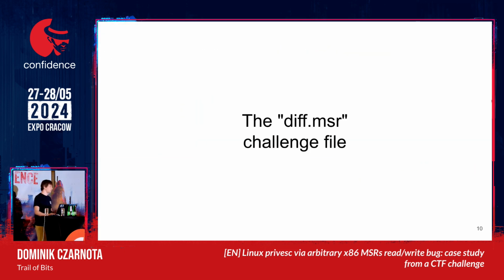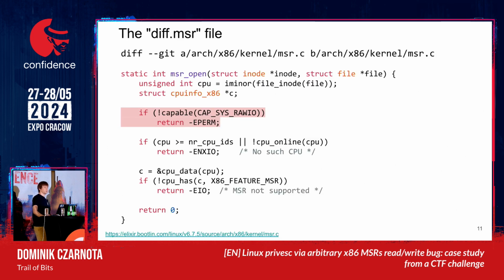In these files that we received, there is this diff MSR file. This diff MSR file contains the following diff, like a git diff. In this git diff, there is this MSR open function from the Linux kernel source code. And the thing that they did is they removed this line here, which is checking for a Linux capability, which is called CAP_SYS_RAWIO.